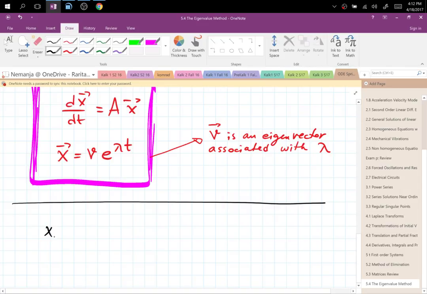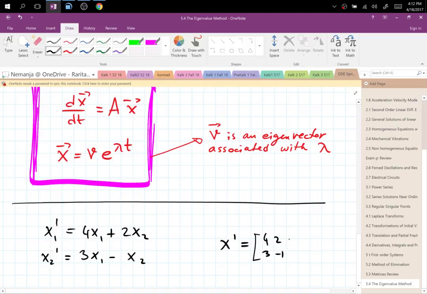We have x1 prime is 4x1 plus 2x2, and x2 prime is 3x1 minus x2. So immediately the matrix for this is x prime is equal to 4, 2, 3, negative 1 times the vector x, which is x1, x2.